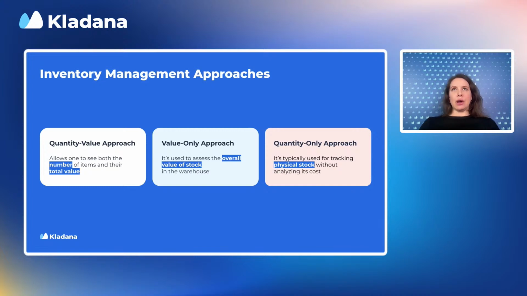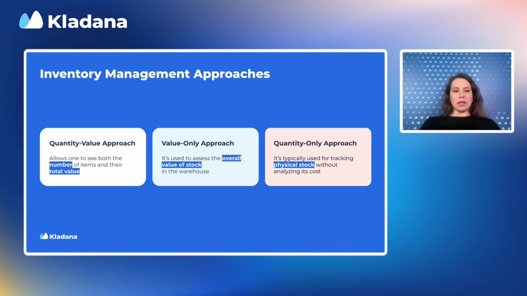If you have never dealt with regular inventory management, it's actually easier to start by counting quantity. And you will already get some value from this. You will understand how much you have and where you have your items.